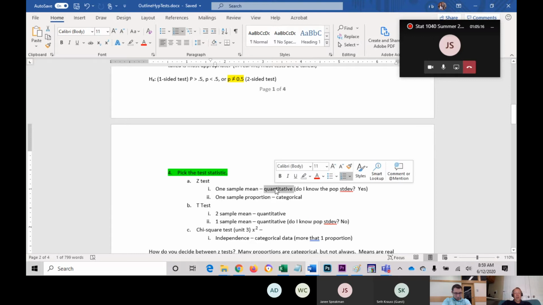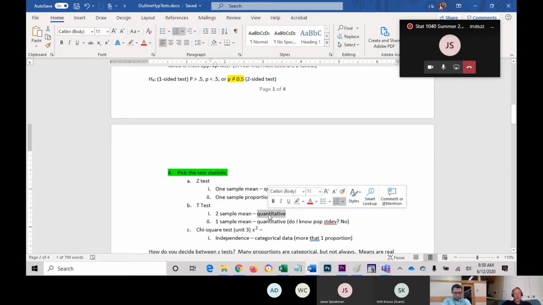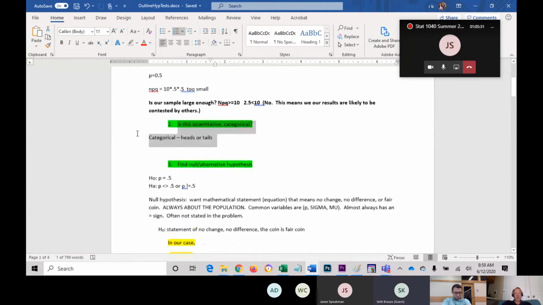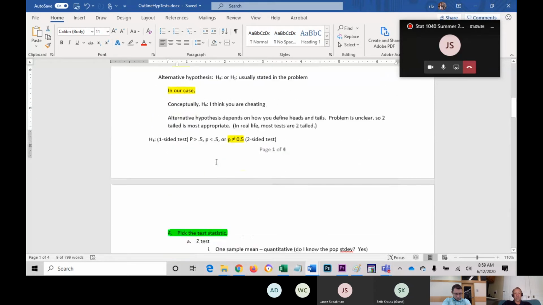If the data are quantitative, then, so look, quantitative, quantitative, quantitative, and then we've got 2 categoricals here, okay? So this is why picking out step 2, is it categorical or quantitative, is where you're going to use the answer to that.